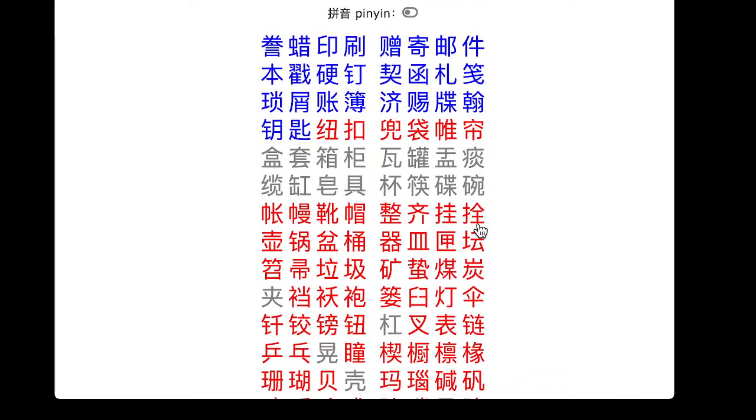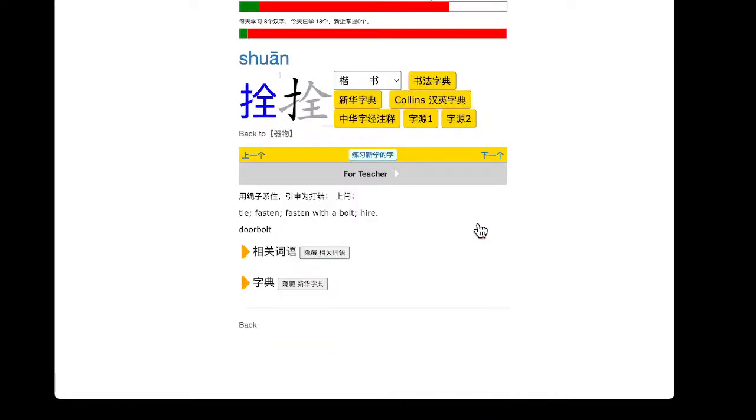This one looks very similar. It's got the same right half, it's got the same pronunciation, and the only difference is this radical on the left, which over here is the 提手旁, the one with the hand that's doing something. So that's how you know this one is the verb for tie, fasten, or bolt.